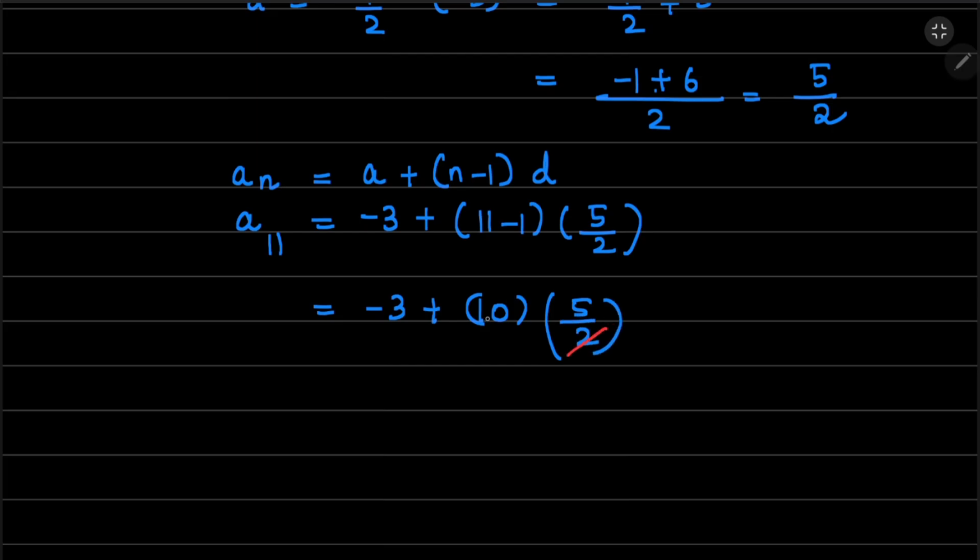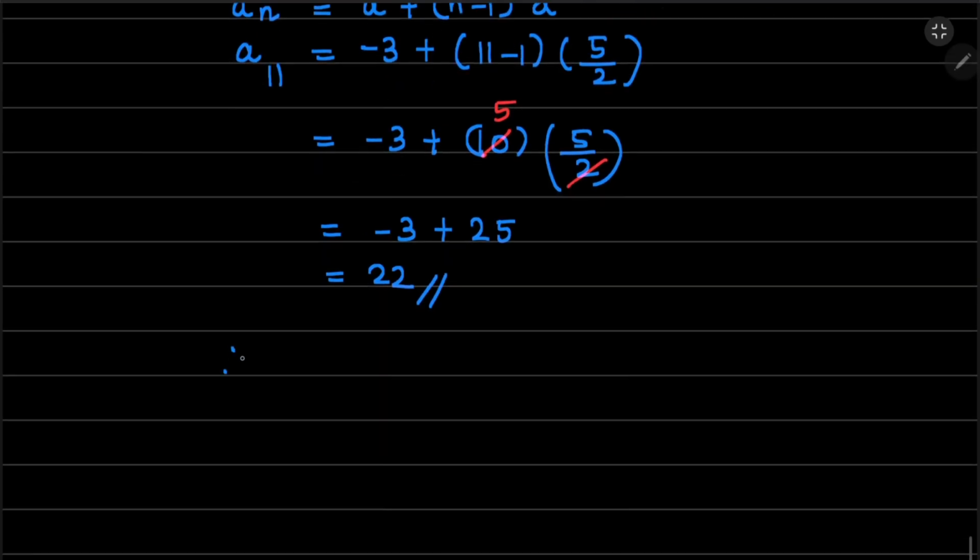So when you cancel, 2 5s are 10 and 5 into 5 is 25. So minus 3 plus 25, which is plus 22, and that's your answer. So you can write, therefore, the 11th term of the AP will be plus 22, and that's your answer.